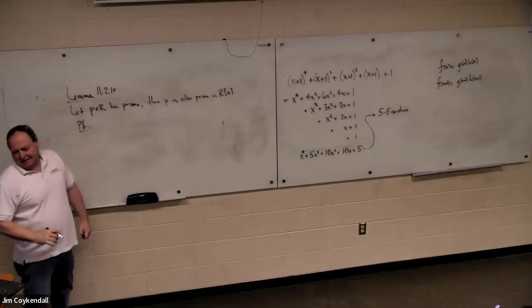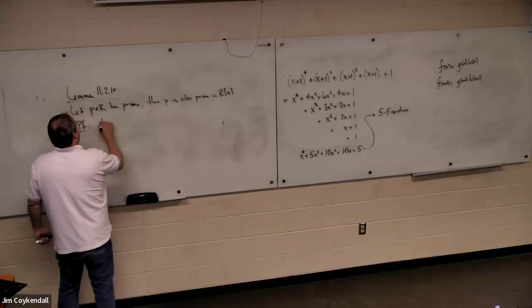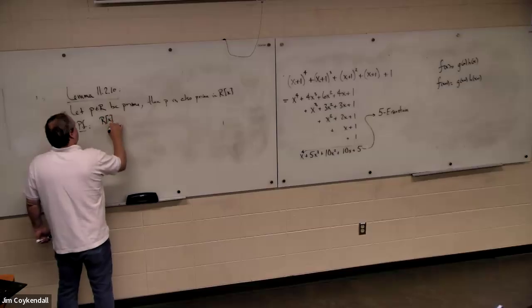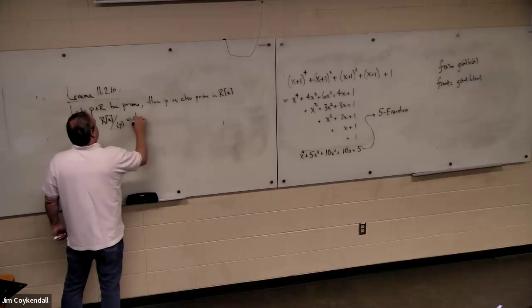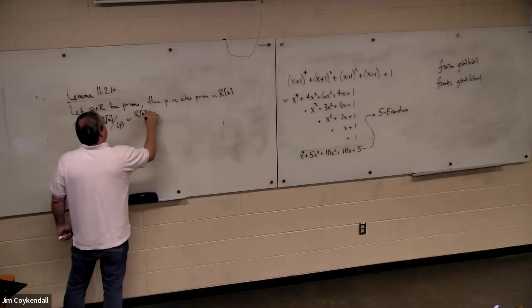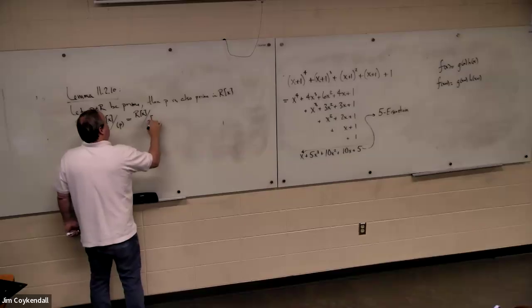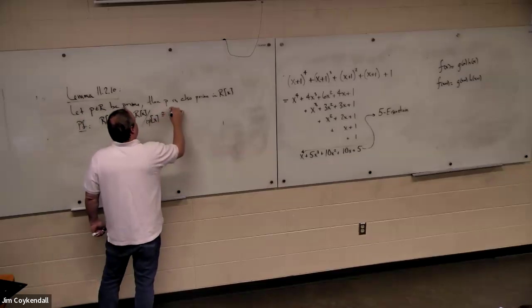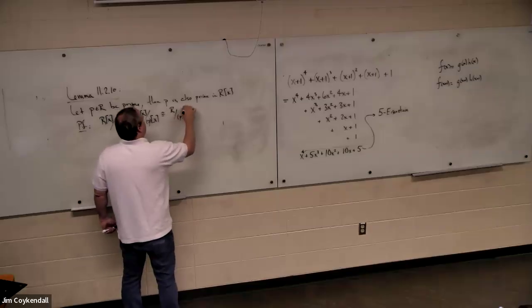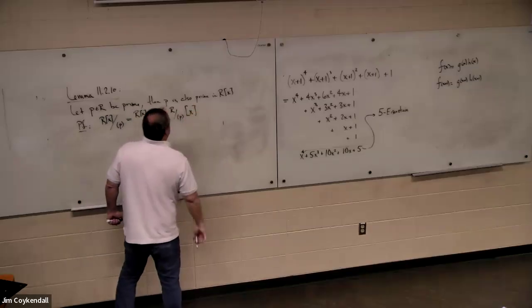I like short proofs. Look at R[x] modulo the ideal generated by p. This is R[x] modulo p R[x], which is isomorphic to (R mod p)[x].